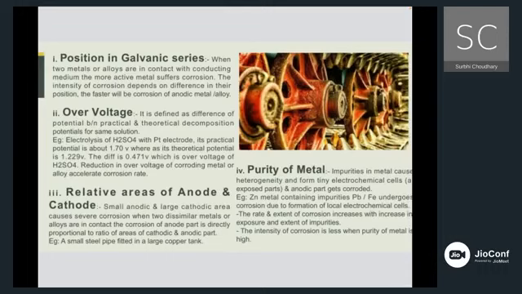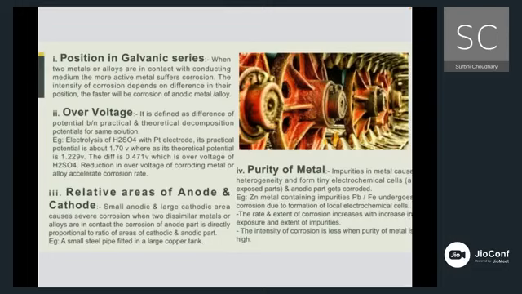Then if we take a small cathode area, the reaction gets reversed, which means the rate of the corrosion reaction decreases. So here is an example: a small steel pipe fitted in a large copper tank.